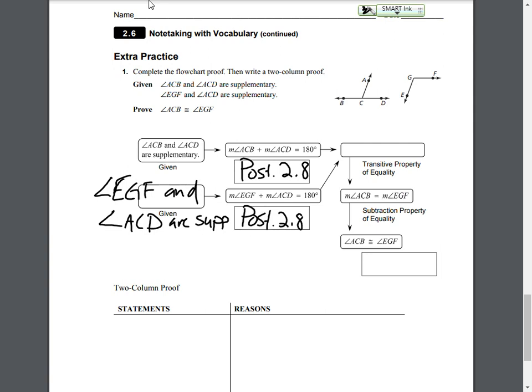We can say that the measure of angle ACB plus the measure of angle ACD equals, there's my equal sign, just because I'm running out of room, the measure of angle EGF plus the measure of angle ACD.